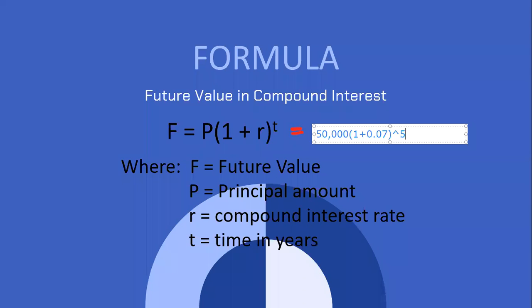Yan. So you can use your calculator. Gamit na gamit ngayon ang calculator ha sa second quarter. Ayan. O, so may mga calculator. 1.07 raised to the 5th power. Tama ba?